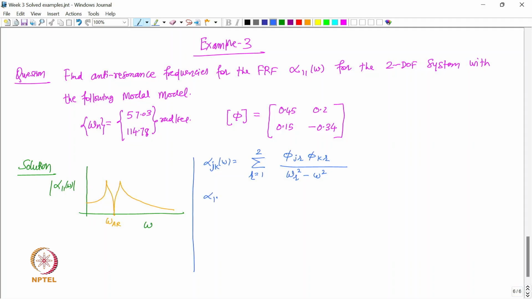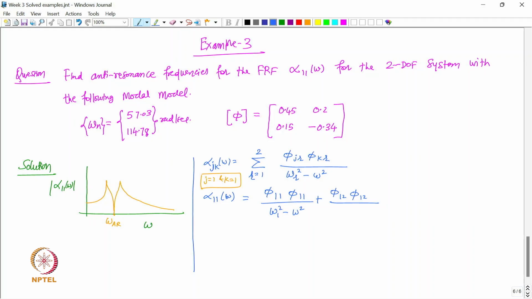Now if we write it for alpha 1, which means j is equal to 1 and k is equal to 1, I can write it in expanded form directly as phi 1 1 times phi 1 1 upon omega 1 square minus omega square plus phi 1 2, because j and k are 1.